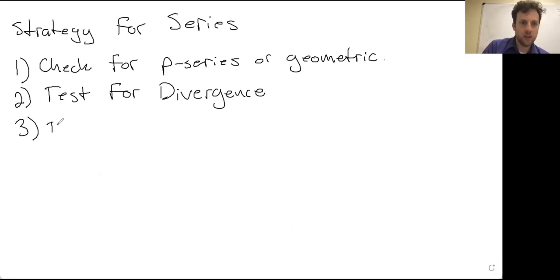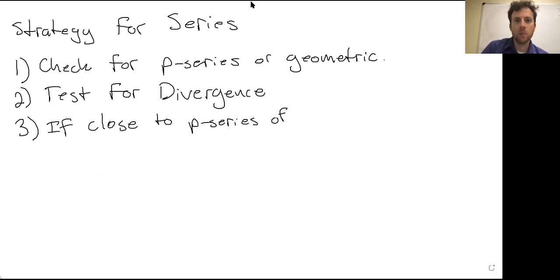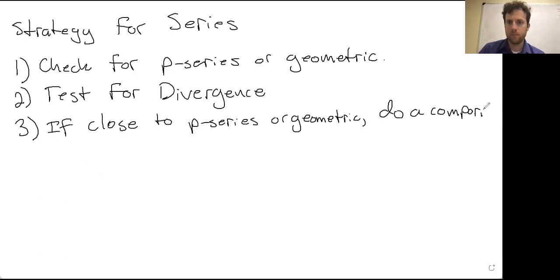For instance, if your series is close to a P series or a geometric series, do a comparison. There are two types of comparisons. In general, I always go with a limit comparison unless there seems to be a pretty clear inequality that you could use.